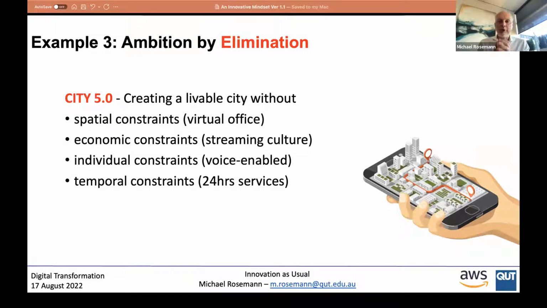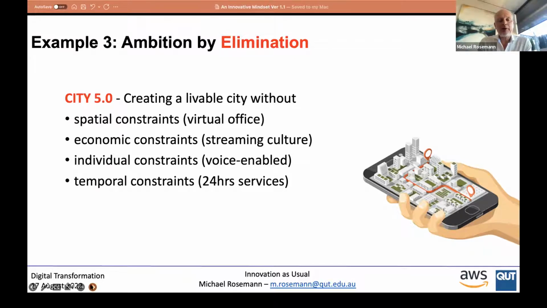Now, what you witness, whether it's Barcelona, Buenos Aires, or Brisbane, is that cities have a call to design a future city, a city that is free of constraints, very much like Chahao talked about, where the Singaporean government wants to be free of any type of redundancy in terms of data or channels.